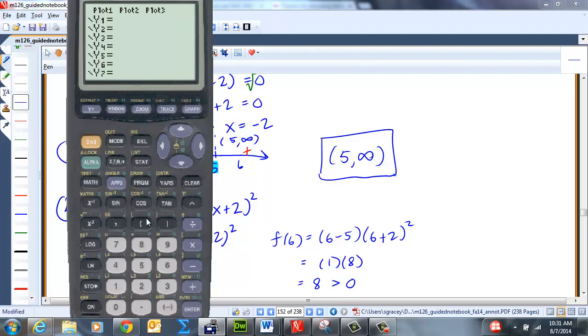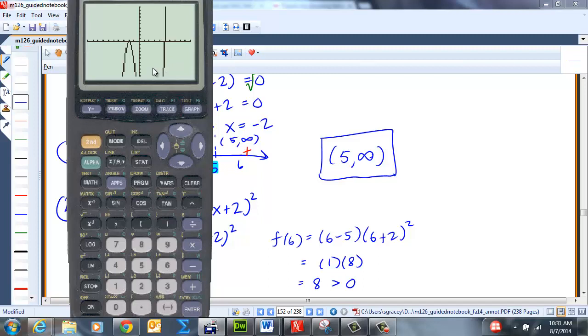And we had, what was it, x minus 5 times x plus 2, the quantity squared. All right, so let's see. Let's try Zoom Standard first off. Okay, we're almost there.